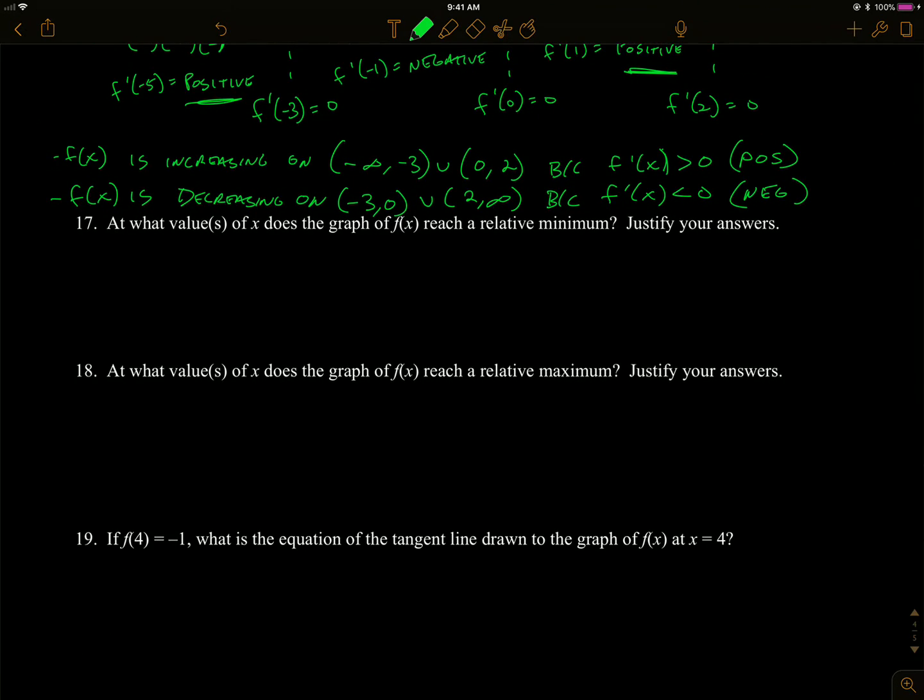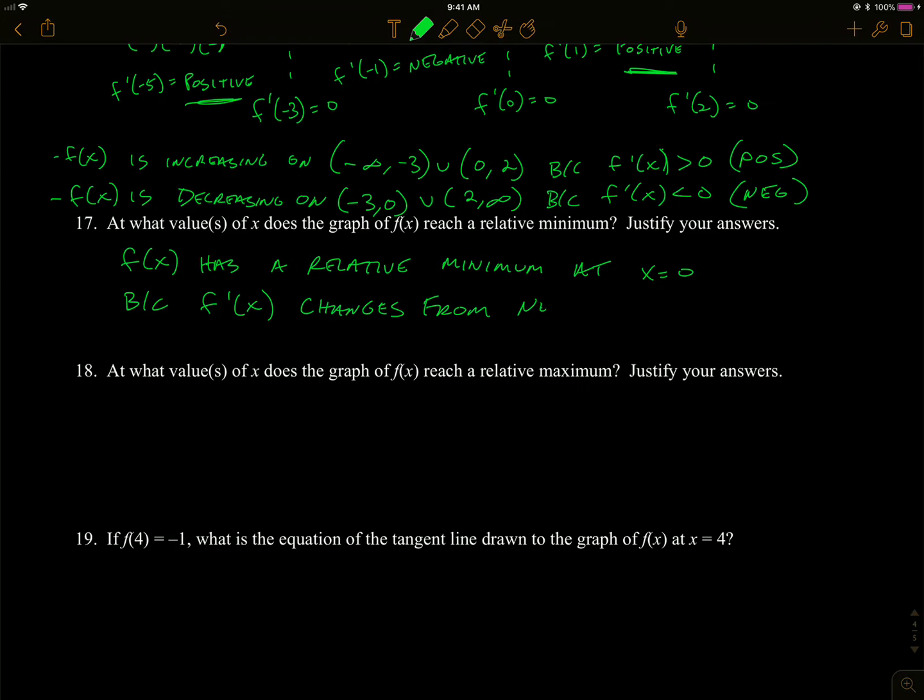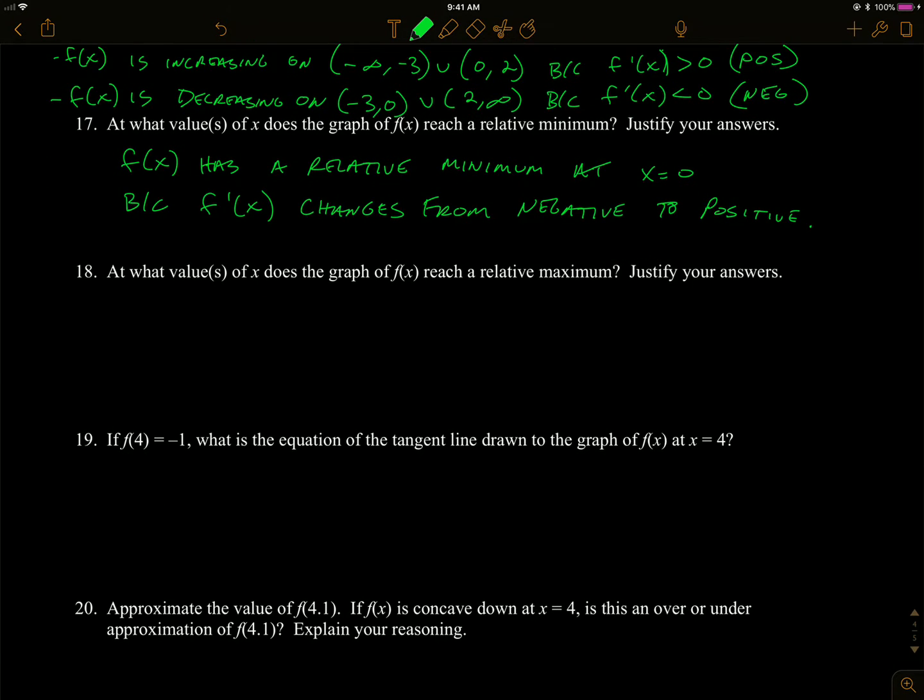At what values of x does the graph have a relative minimum? So I will say f of x has a relative minimum at x equals 0 because the derivative changes from negative to positive. At what values does it have a relative maximum?